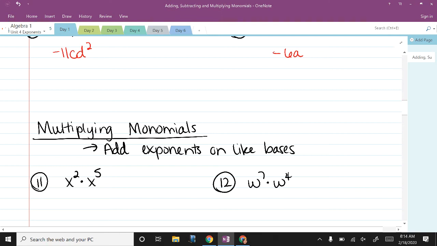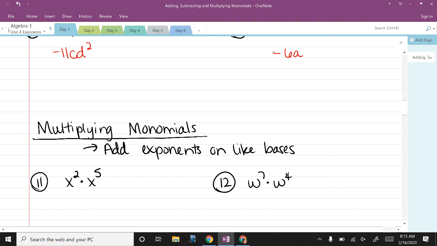Now, the exponent tells you how many times you multiply the base times itself, right? So that means 5 squared means I do 5 times 5, correct? 2 5s. Multiply 2 5s together. If the exponent was 4, I multiply it 4 times. Correct? So, yeah, the exponent tells you how many times you will multiply the base times itself.